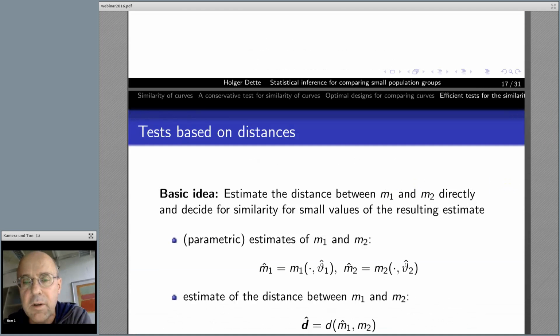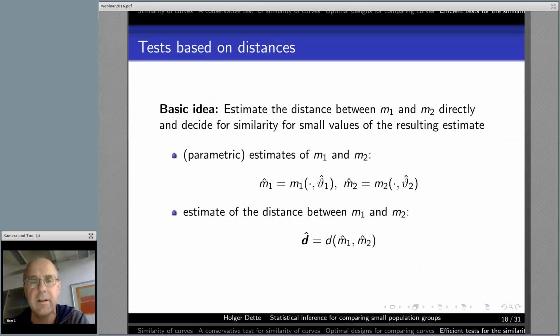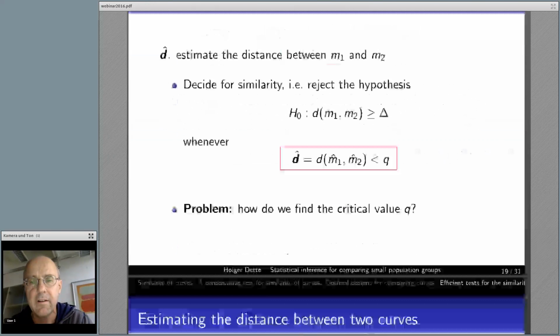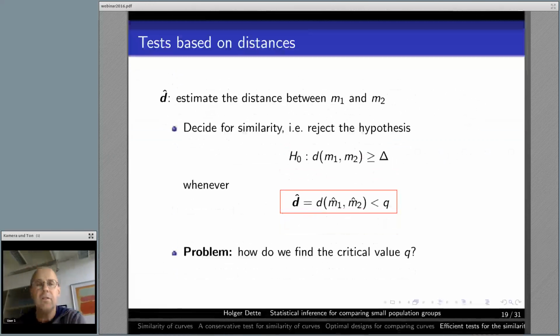Okay. So what I want to suggest instead of this confidence approach is the following. We want to test the hypothesis in the middle, that the distance between the two curves is larger or equal than a pre-specified constant delta, against the alternative that it is smaller than delta. What we propose here in Bochum is to estimate this distance directly.